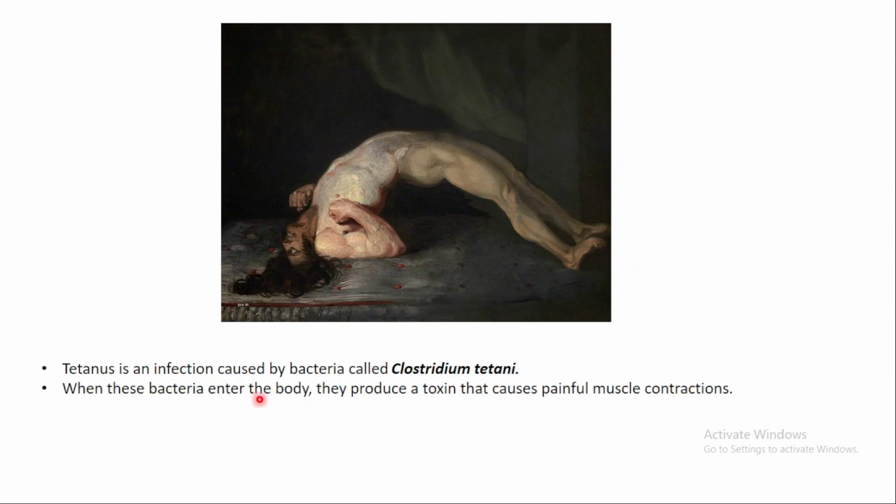When these bacteria enter the body, they produce a toxin that causes painful muscle contractions. What happens in the tetanus disease? These bacteria secrete a protein, which is a poison or a toxin, which causes abnormal firing of our muscles.